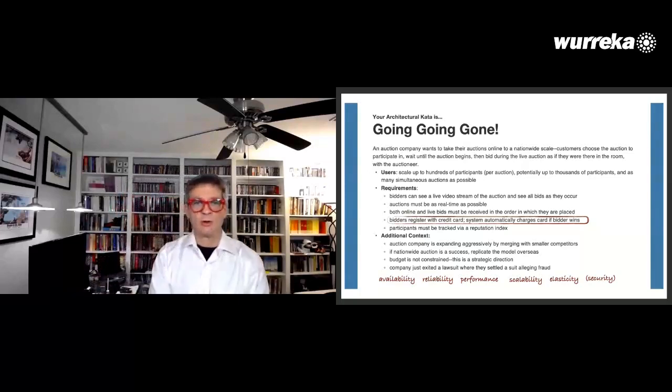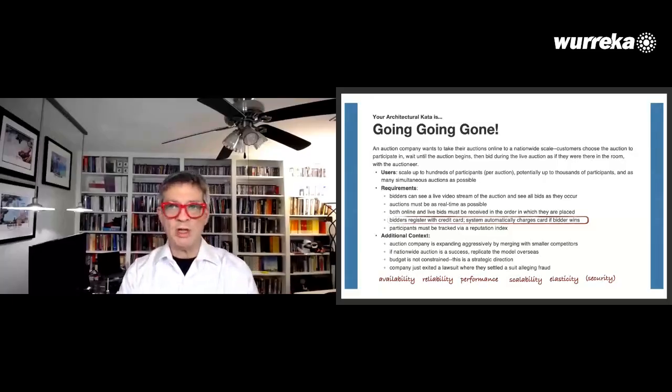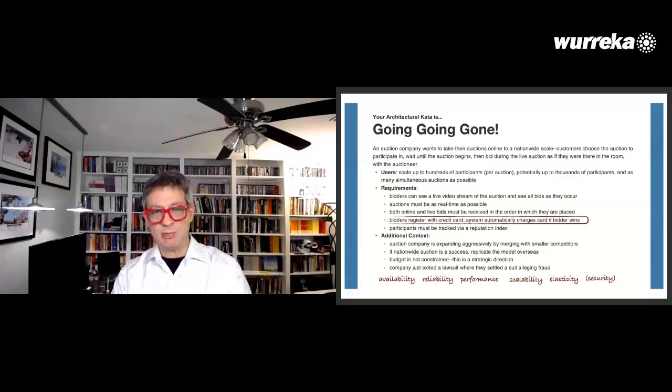Well, this is another one of those cases where I probably don't need special structure to manage security, particularly if I'm not holding on to credit cards, if I'm using a third-party payment processor, and I'm very careful with architectural governance around never keeping credit card numbers in plain text, always encrypting and salting and hashing and a bunch of other best practices, then I don't need to build a special part of my architecture just to handle credit cards.